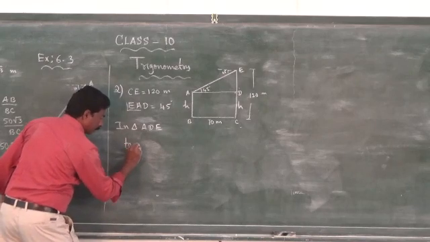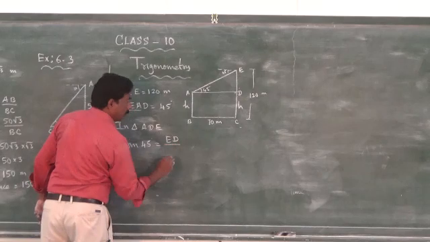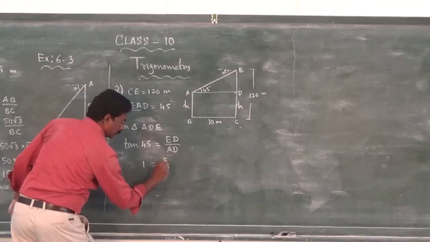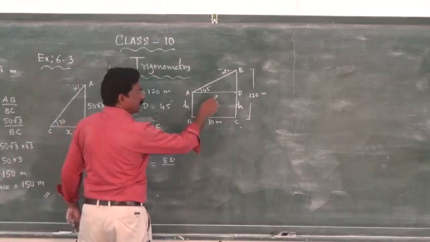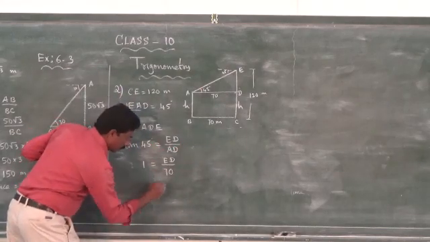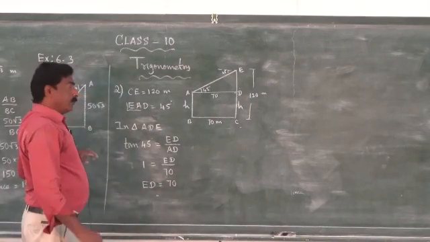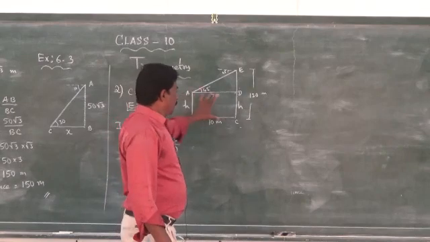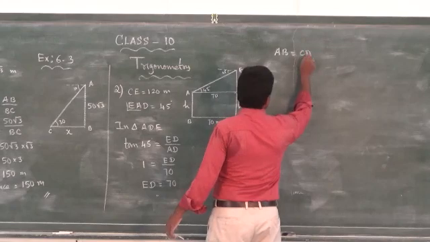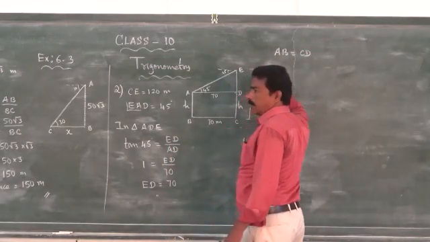In triangle ADE, tan 45 is equal to opposite ED by AD. Tan 45 is 1. So 1 equals ED by AD, and AD and BC are equal. So if it is 70, that also is 70. Cross multiply. So ED is equal to 70. What we have to find is AB. AB and CD are equal. Now, CE value is 120. The height of the second building is 120.